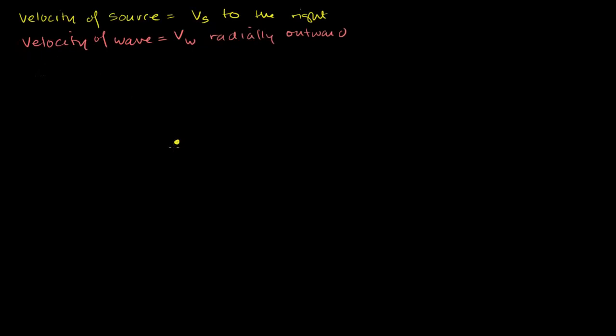And we're going to do everything, this is all classical mechanics. We're not going to be talking about relativistic speed, so we don't have to worry about all of the strange things that happen as things approach the speed of light. So let's just say that it has some period.